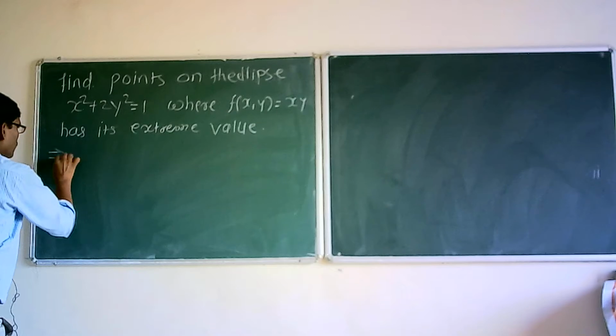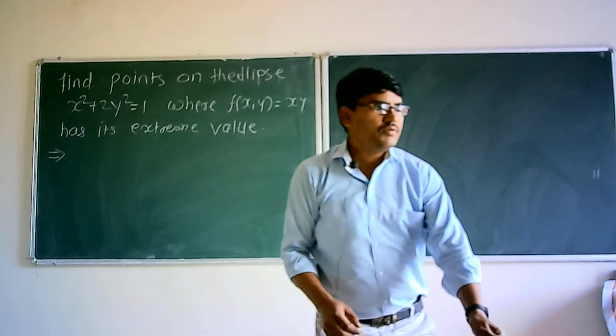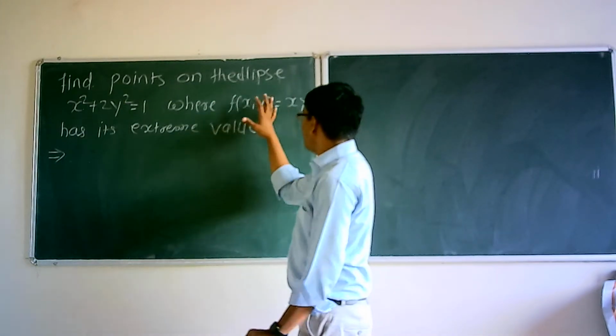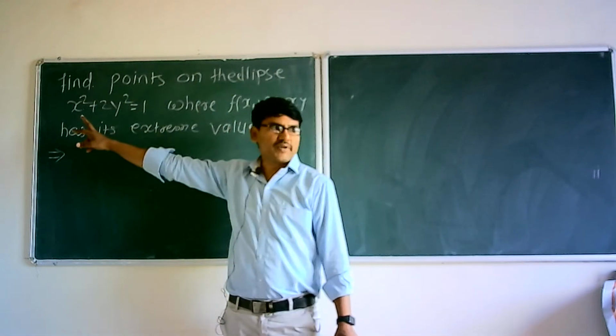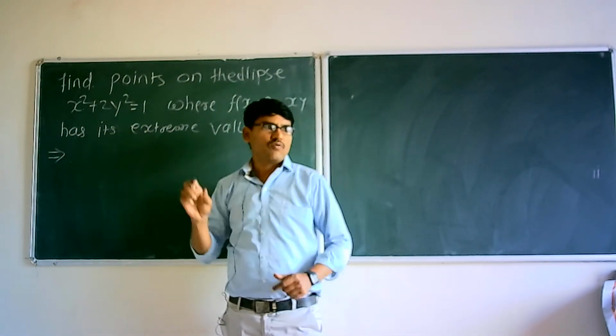So here we want to determine an extreme value of f of xy, but our xy should also satisfy this equation, x square plus 2y square equal to 1.